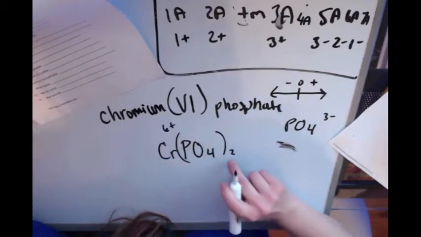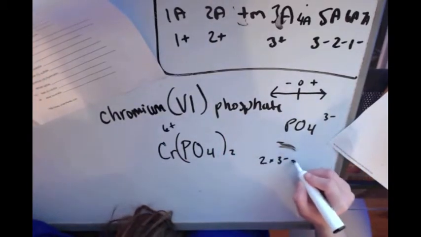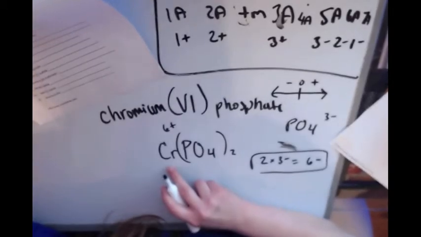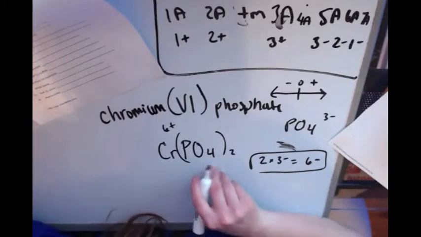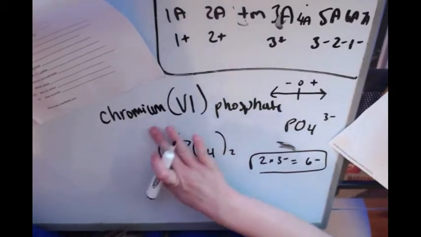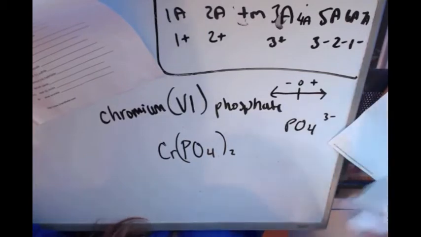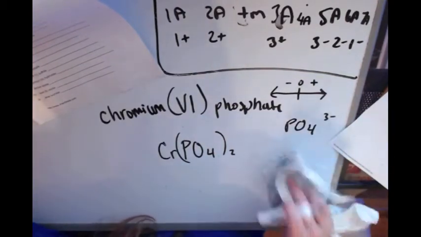So then you would have 2 times 3 minus, which would equal 6 minus, right? And that one chromium has a charge of 6 plus. So 6 plus 6 minus equals 0. And that's an ionic compound. They're bonded together. They have a neutral charge, so that works. And there's your answer. Cr, parentheses, PO4, and parentheses 2.